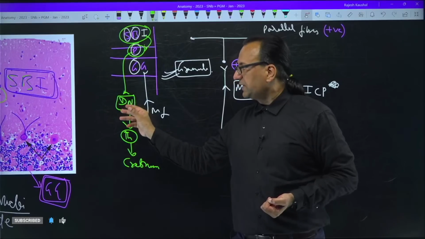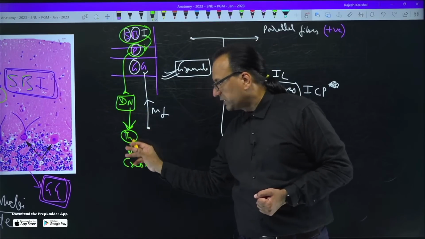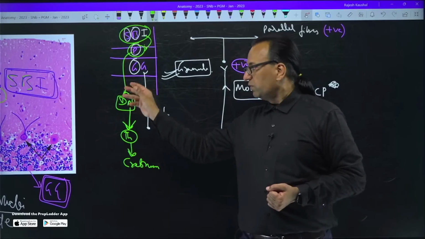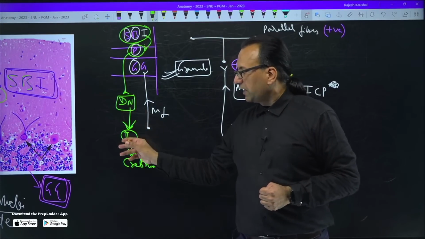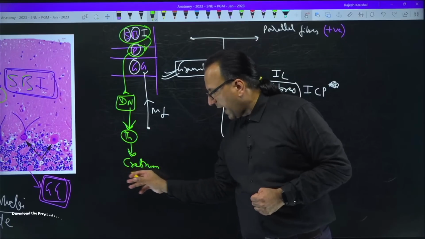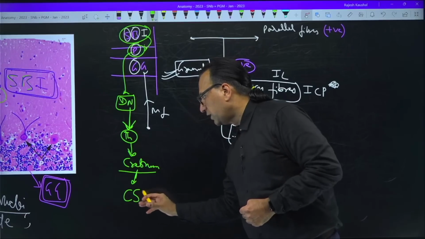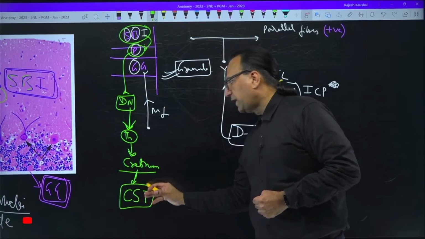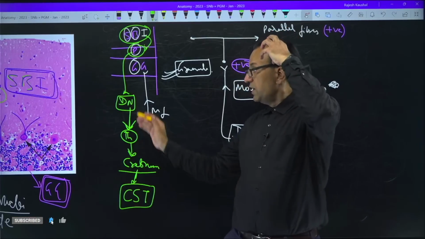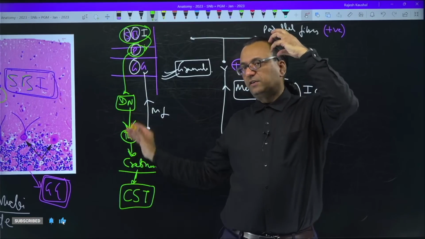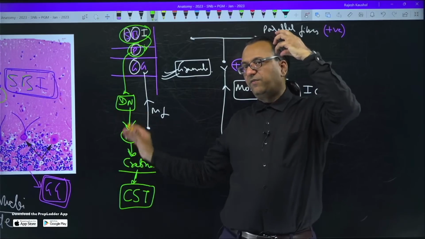Yes, because dentate nucleus working on thalamus is positive, and thalamus working on cerebrum is positive. I am not going into much detail of this pathway, but this is the dentatothalamic tract, which will then activate cerebrum, and from cerebrum you will have the corticospinal tract. I have told you the dentatothalamic tract fibers decussate at the level of inferior colliculus.